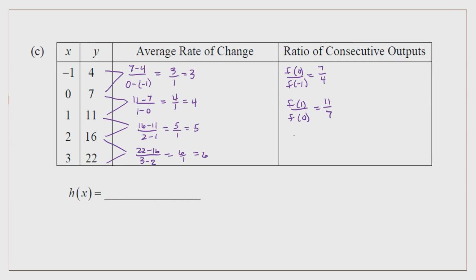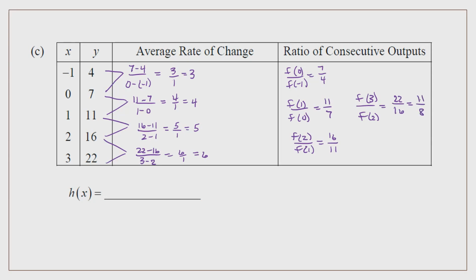Those can't simplify, so next we have f of 2 over f of 1, and that's 16 over 11. Okay, that can't simplify. And then f of 3 divided by f of 2, and that goes to 22 over 16, which can be simplified by dividing by 2, 11 over 8.